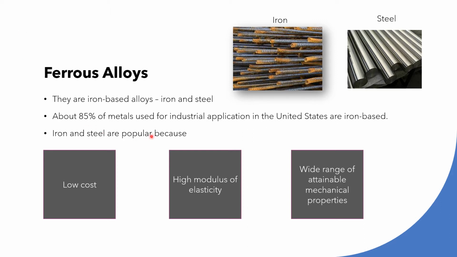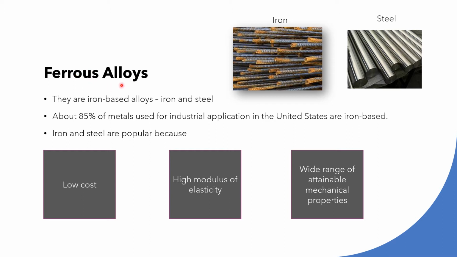So if you think about ferrous alloy, they're just iron-based alloys, okay? Because from ancient time, the very first two metals that we started to use in mass production are iron and steel, right? So iron-based alloys, we call them ferrous alloys.